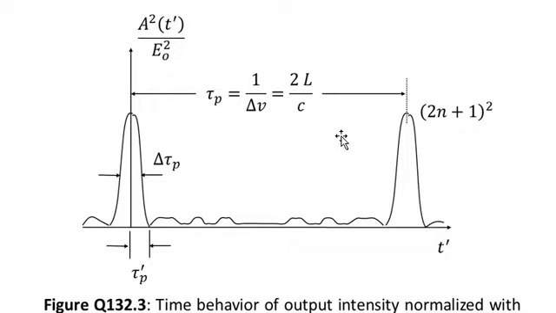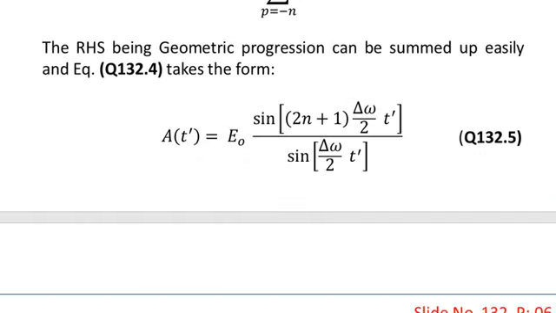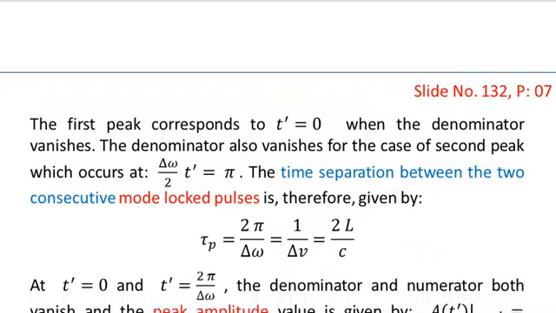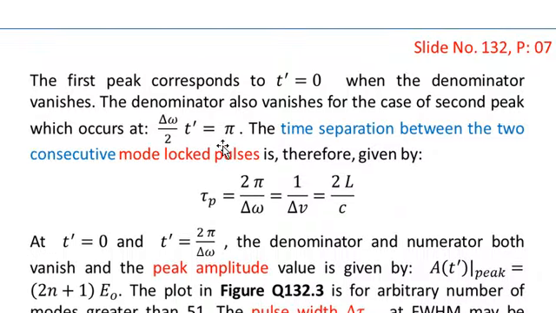And you know that we have found this time from our mathematical equations. For example, from this one, that is the denominator vanishes at time t prime is equal to 0, and at a time t prime when t prime satisfies this condition.